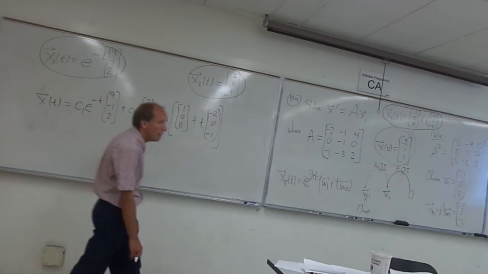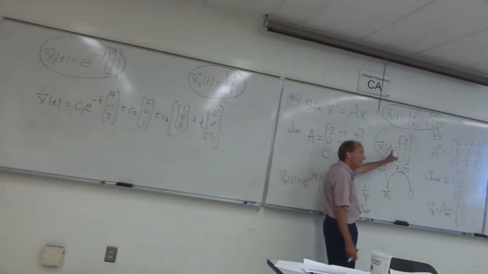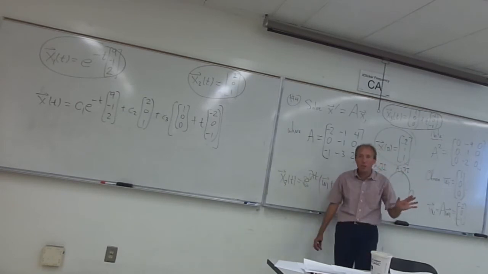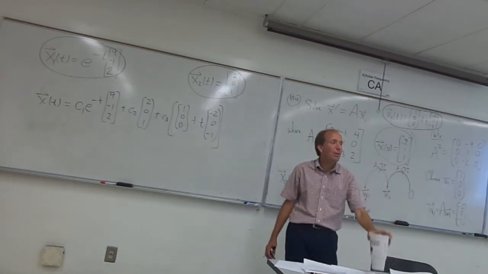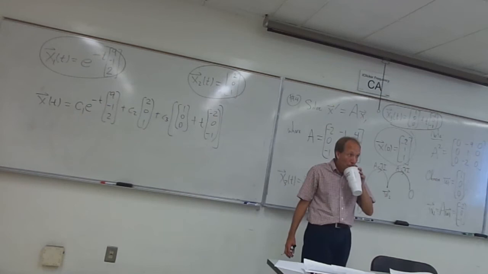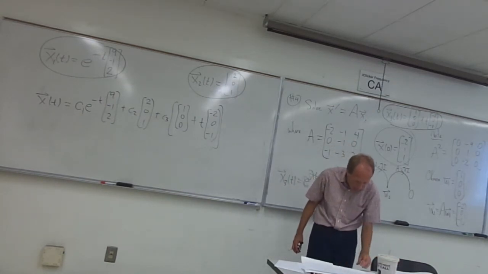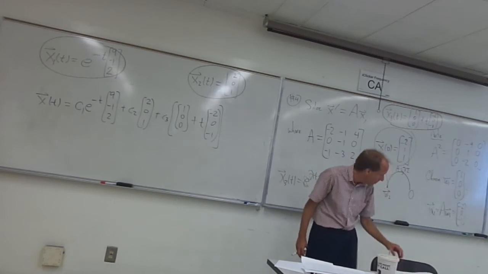Now if we put in 0 for t, then we know what we should get, because that was an initial condition. What does the initial condition allow you to do? Right. It allows you to solve for the constants.